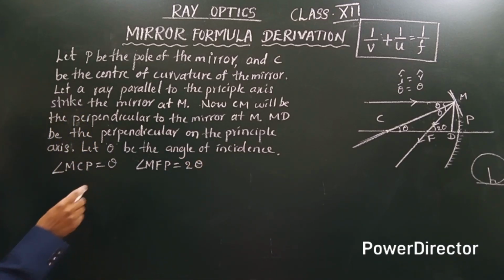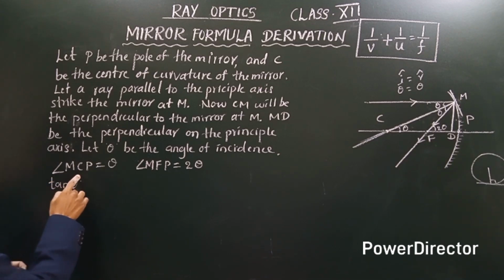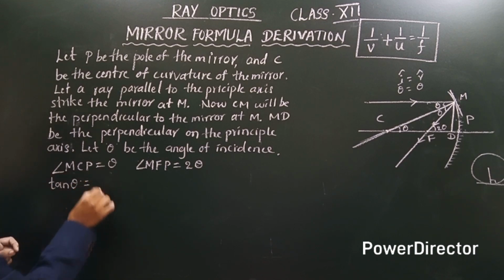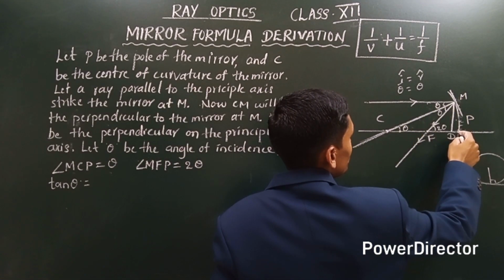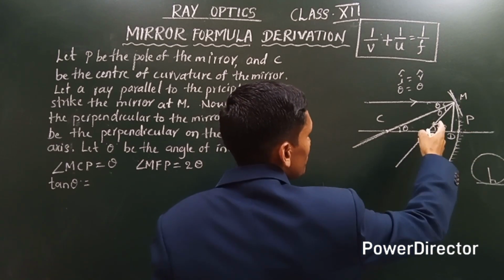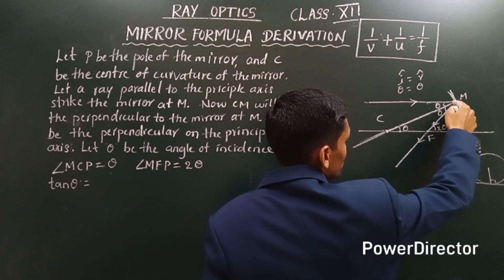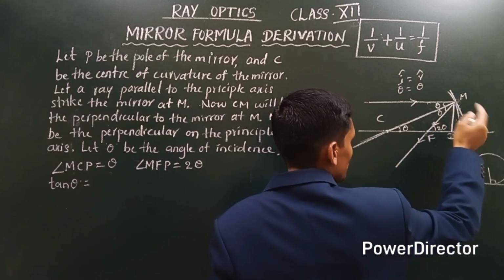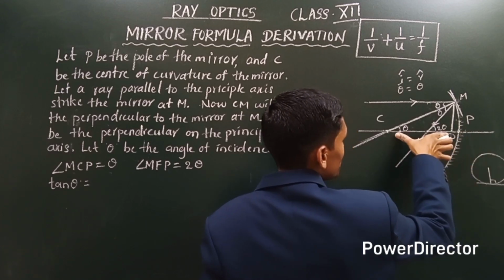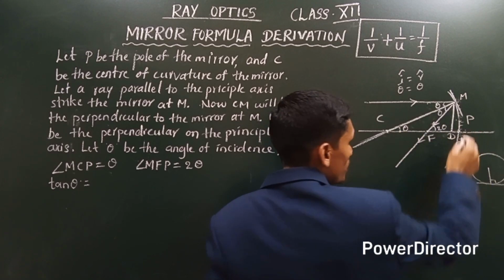Now what we can say is, if you consider tan theta for MCP, how can we write this one? Because here we are reading a right angle triangle, if you consider MD, for this we can consider MCP, but here we are considering only this side, because this P and D coincide with each other.